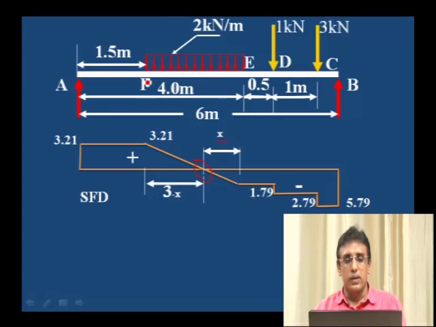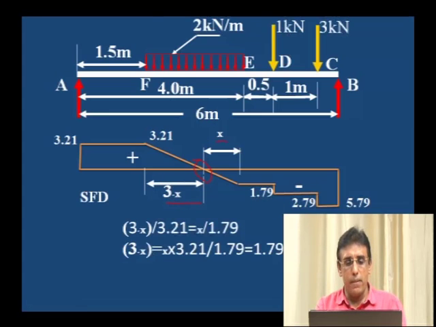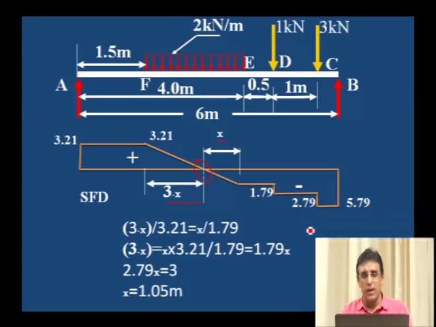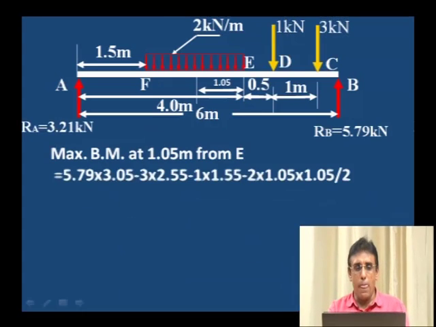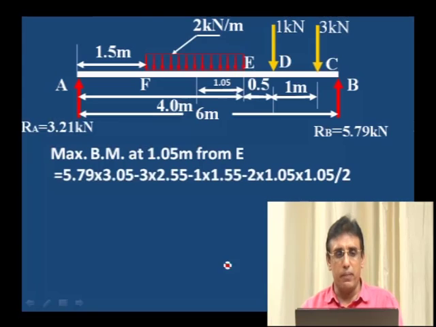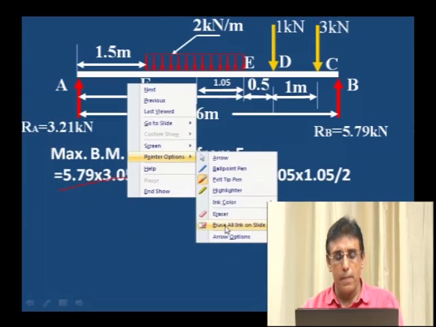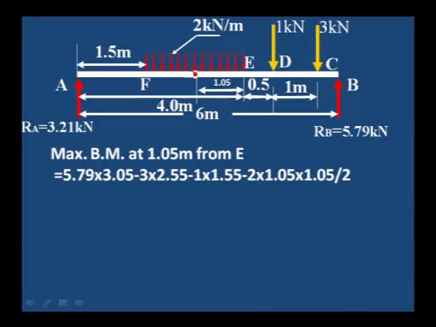Therefore, F to E is the distance 3 meter, so 3 minus x is the distance where shear force changes its sign. You have to calculate the x value, then find the maximum bending moment by taking the moment about the point where shear force changes its sign.